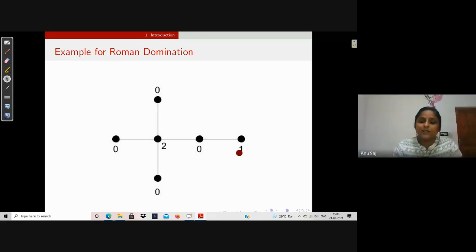In some other cases, 2 may be feasible, but if the Roman domination number is minimum, then we have to put 1 only. In this case, we have to give 1 only.